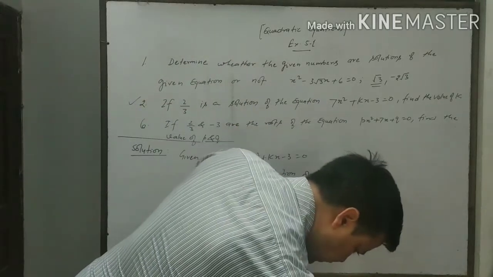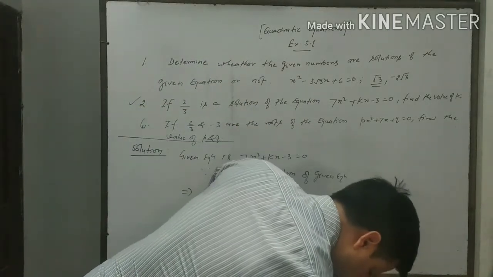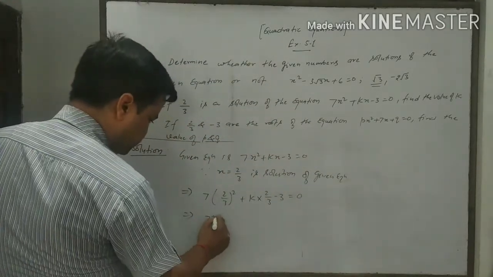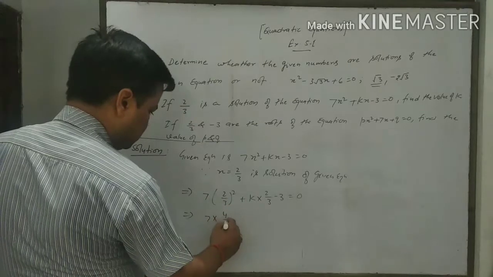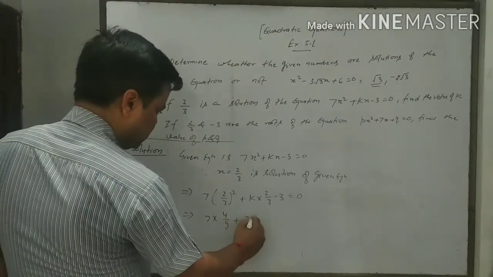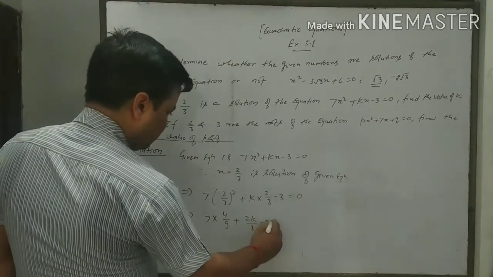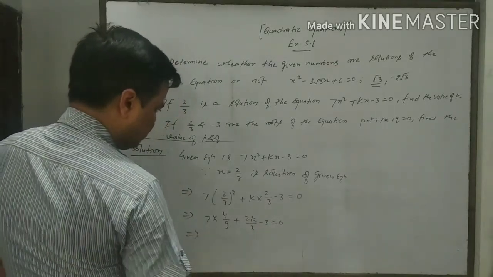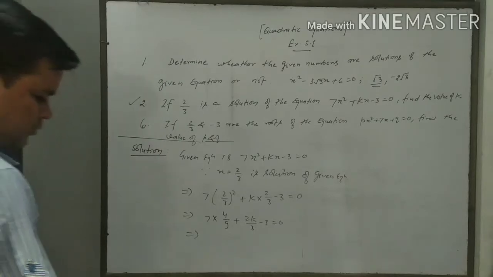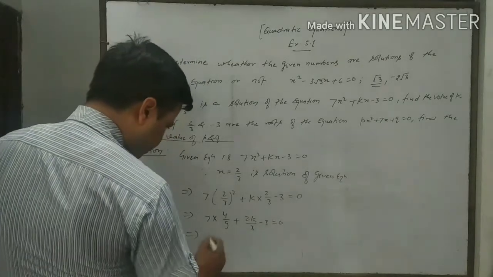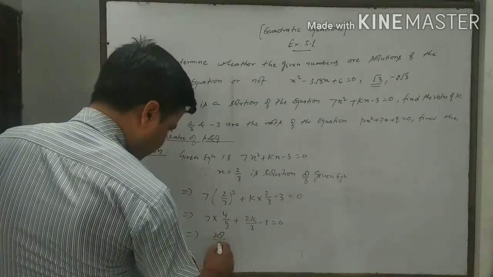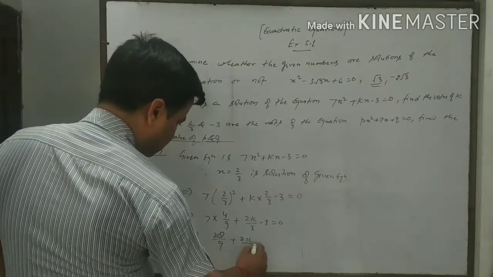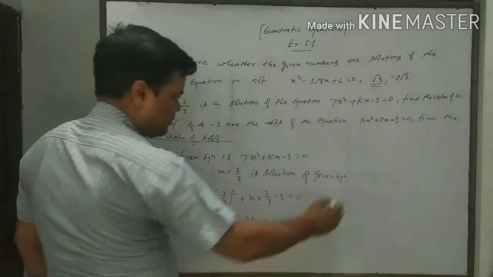And after solving this, we find that it will be like this: 7 into 4 by 9 plus 2k by 3 minus 3 is equal to 0, and this value will be 28 by 9 plus 2k by 3 minus 3 is equal to 0.